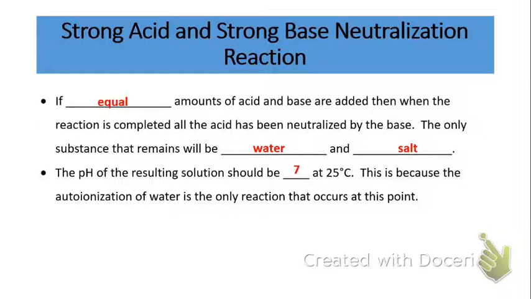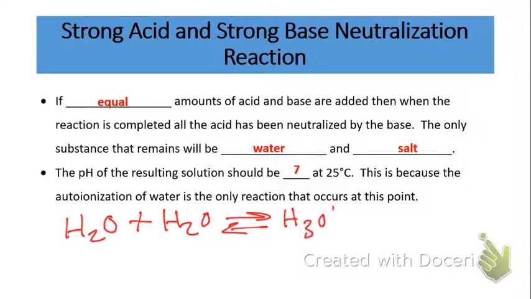If you remember, we're going to produce water and the salt. The salt is not going to affect the pH at all. It's only going to be the water, and that is because the water reacts with itself, as you know, and that's going to form the hydronium ion plus the hydroxide ion.